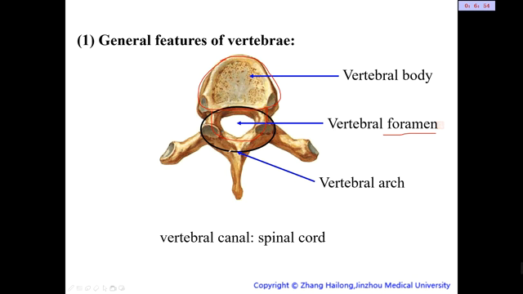And on the arch, there are many processes. Later I'll introduce what the processes are. And all the vertebrae have the foramen. All the foramina communicate with each other and form a canal, the vertebral canal.